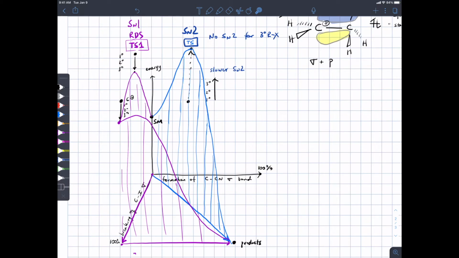If there were 2 enantiomers, the reactions would have to be exactly the same. The reaction of one enantiomer should be exactly the same as the reaction of the other enantiomer in terms of energy. If they were 2 diastereomers, it might be different, and we'd have to examine the situation. Okay, other questions?